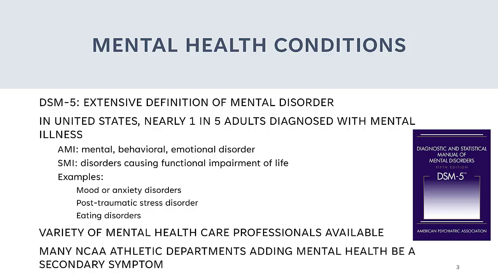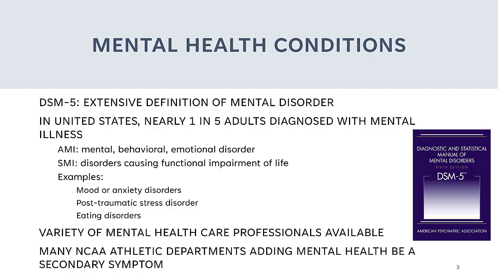Two broad categories can be used to describe these conditions: any mental illness, AMI, and serious mental illness, SMI. AMI encompasses all recognized mental illnesses and is defined as mental, behavioral, or emotional disorders. SMI is a smaller and more severe subset of all mental illnesses, such as dissociative disorder, obsessive-compulsive disorder, and personality disorders.